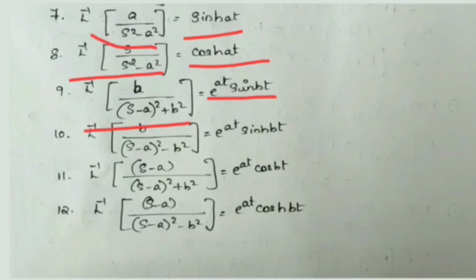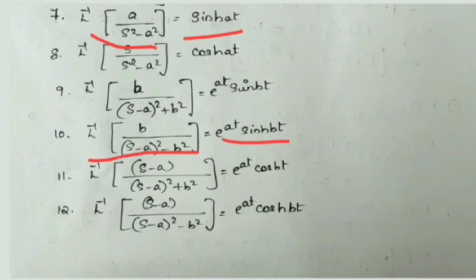So b by s square plus b square is the Laplace of sin bt. So Laplace inverse of b by s square plus b square becomes equal to sin bt. Now Laplace inverse of b by s minus a the whole square minus b square is equal to e raised to at sinh bt.